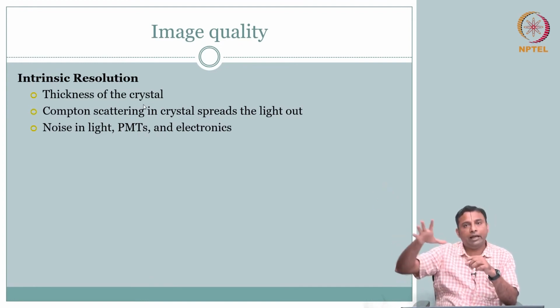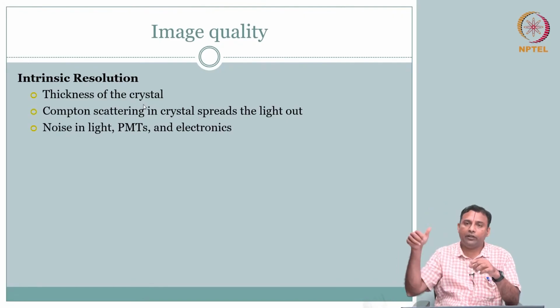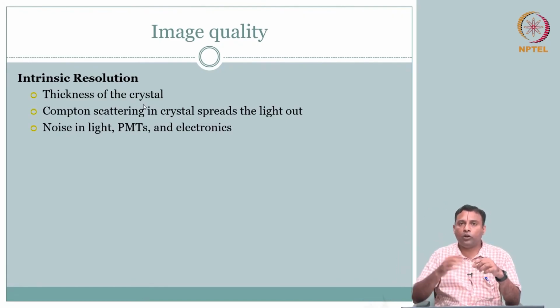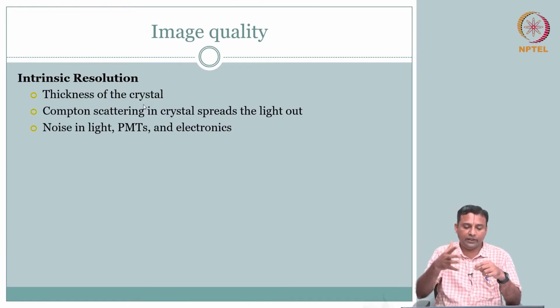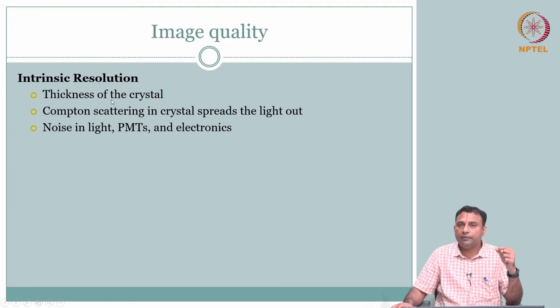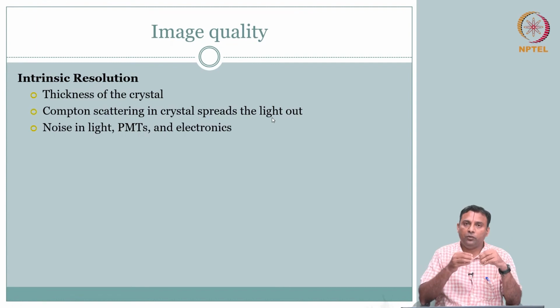So you will still have a Compton scattering effect on the output of the photomultiplier tube, which is what goes into your imaging equation, image localization. That could be a problem. So thickness of the crystal has a similar effect, and the Compton scattering spreads the light out.